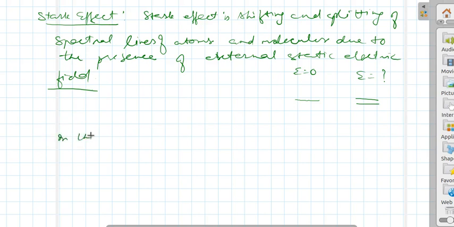In the absence of an electric field, when no field is there, that means it is an unperturbed system.